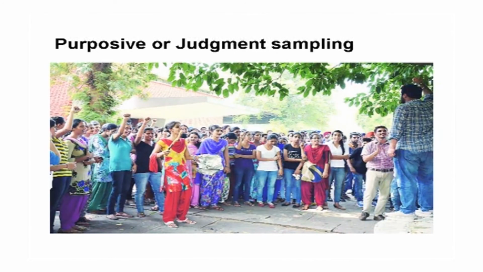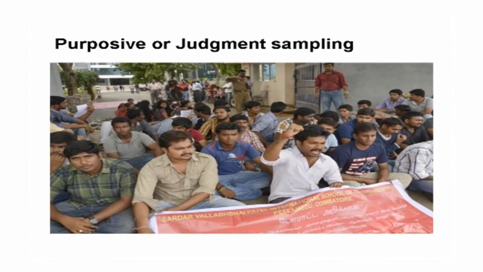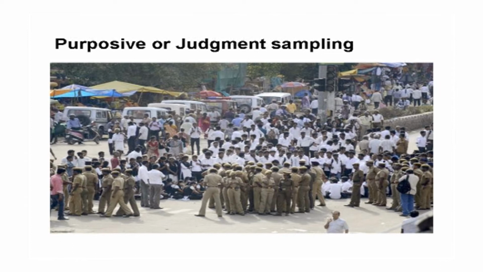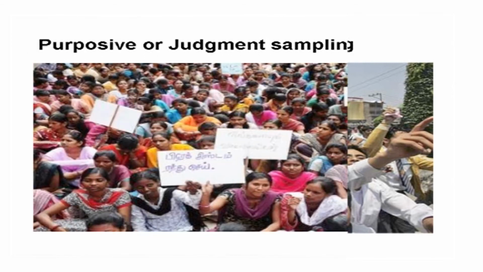For example, when we want to study a student strike, it will be more suitable to pick up those students who are actively involved in it and eyewitnesses rather than to go for random sampling. Here the choice is made purposively. In this method, sampling error and bias are likely to be very high. Although judgment sampling enables the researcher to complete the work quickly and carefully, it has the disadvantage of researcher's bias.